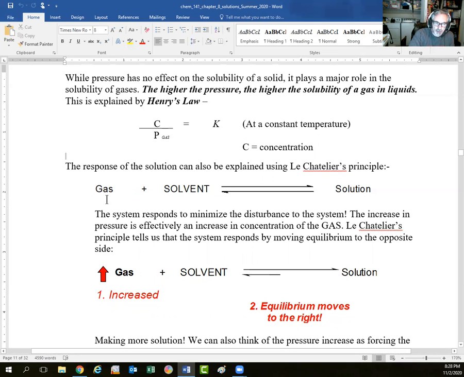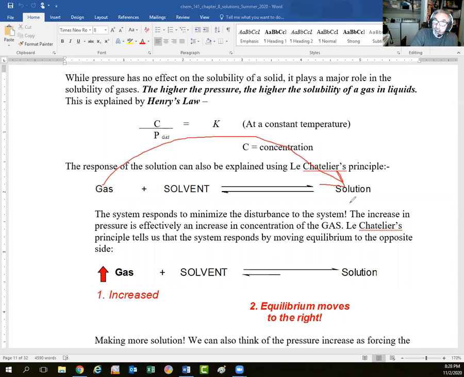That greater pressure is like a greater concentration, and a greater concentration would feel like adding more chemical. So as we normally expect when adding a chemical, we move away from the chemical so that gas and solvent turn into more solution. The gas becomes more soluble as we pressurize the system.